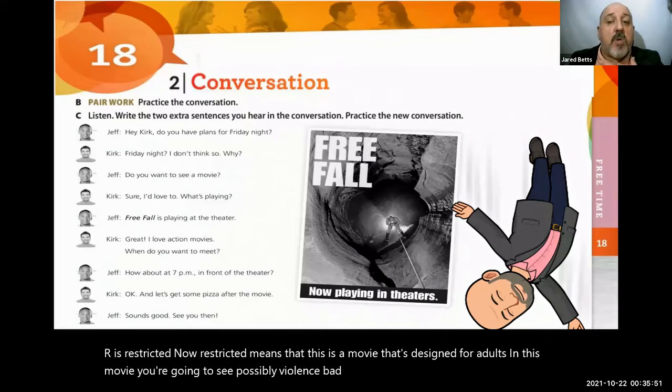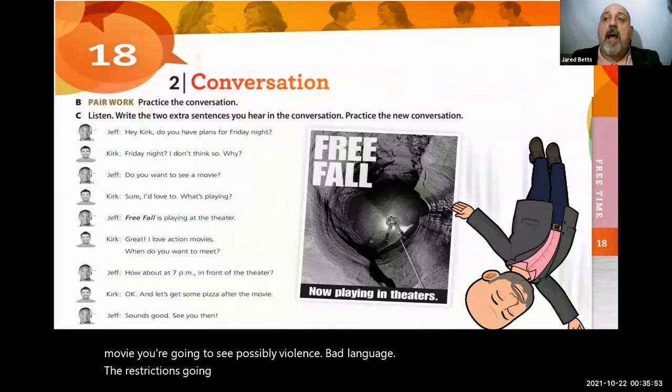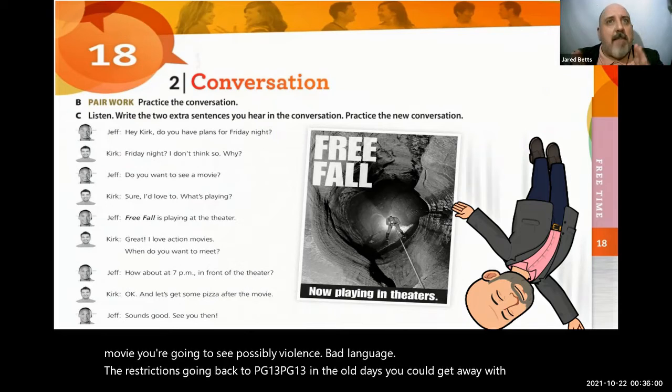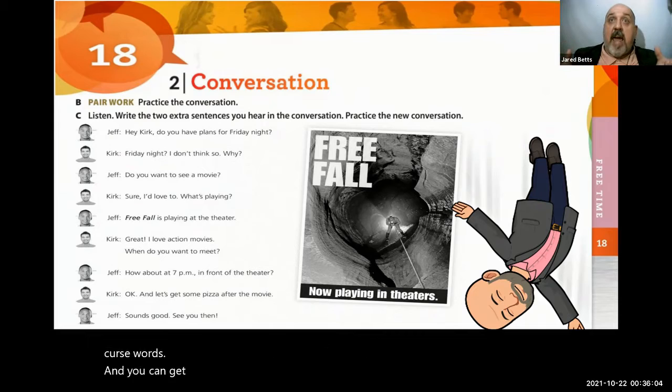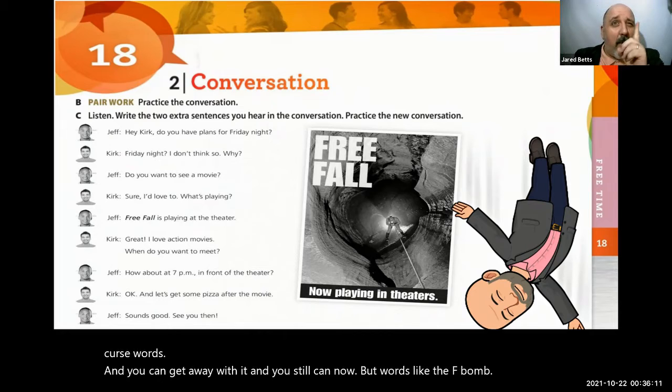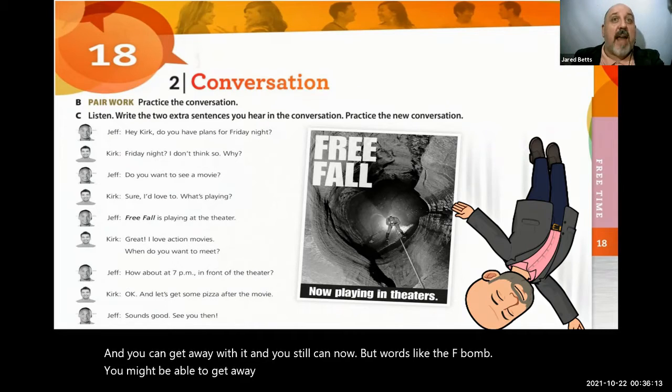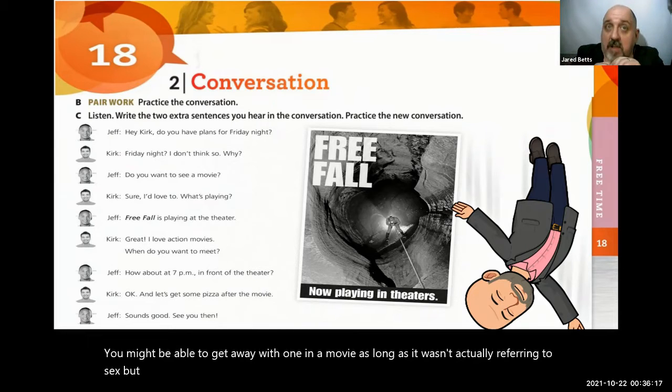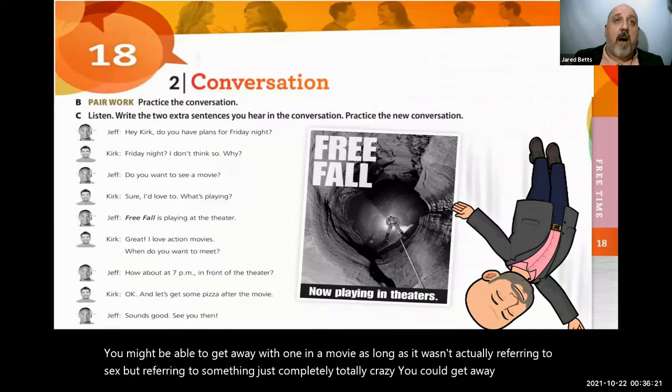Going back to PG-13, in the old days, you could get away with a few semi-curse words, and you still can now. Words like the F-bomb, you might be able to get away with one in a movie as long as it wasn't actually referring to sex, but referring to something just completely, totally crazy. You could get away with probably one F-bomb.